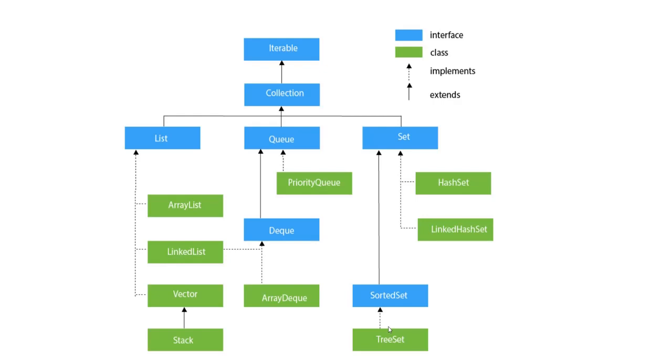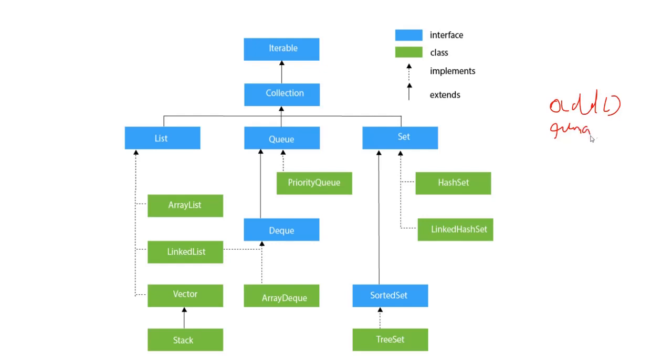Suppose if I want to either search or sort, we have to write a logic for that. But in case of collections, it is easy because it provides certain methods which we can directly use. Okay, if I want to add any value, I can use the add method. And if I want to remove, I can use the remove method.